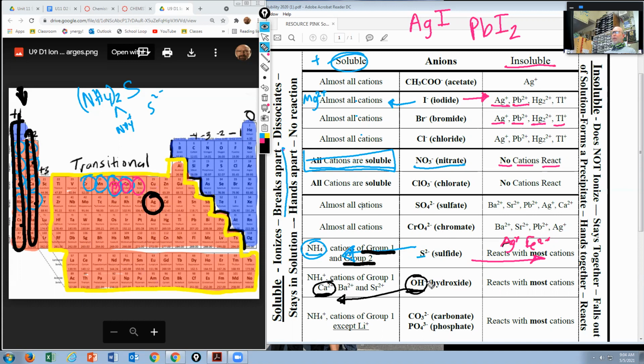If I put iron with hydroxide, is iron any of these in here? Or is iron in this box? Nope. Then iron must be in that box, which means iron 2 hydroxide is going to form an insoluble compound. So either we're moving to the right or we're moving to the left. That's the only trick to using this chart.